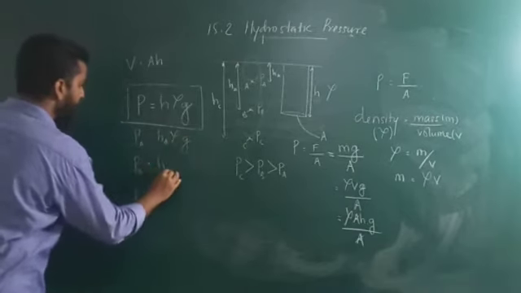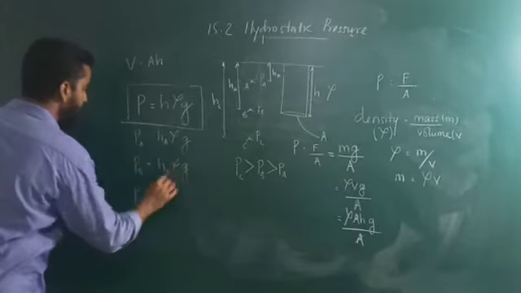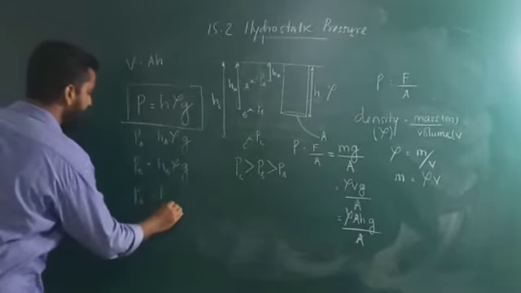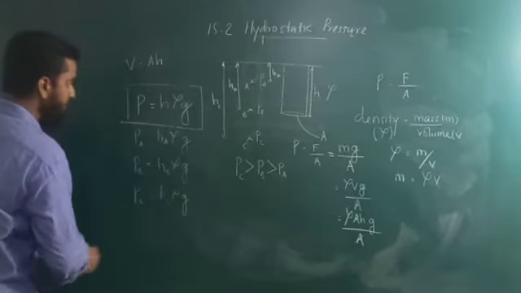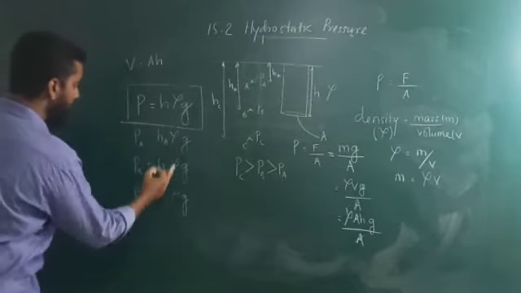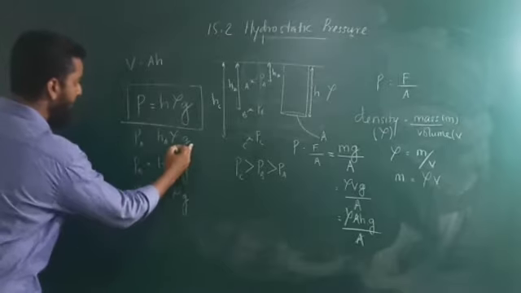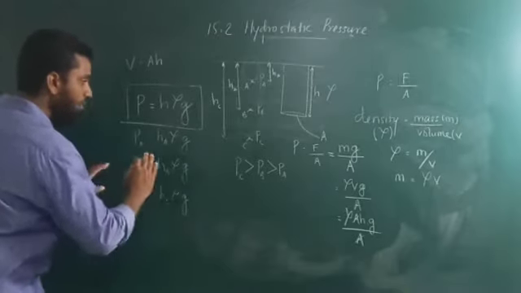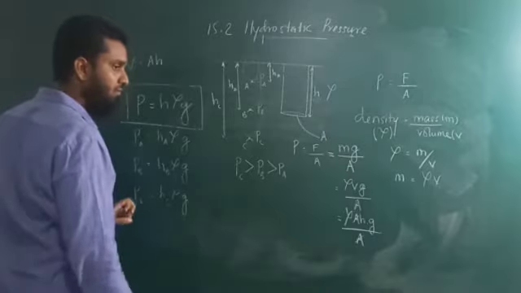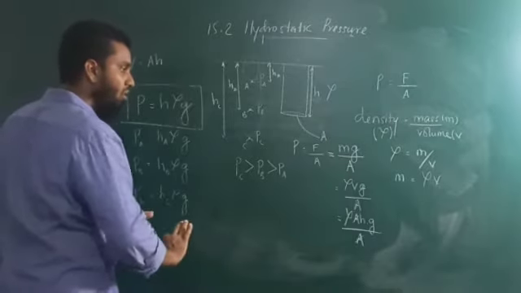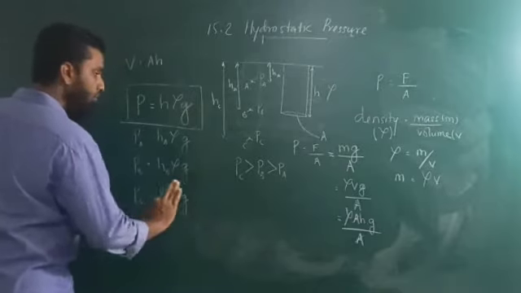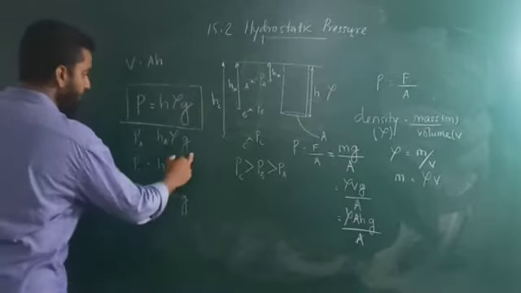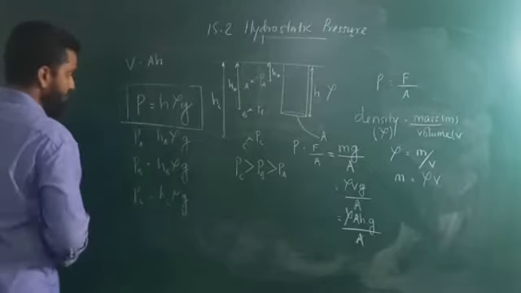The height HB into rho into gravitational acceleration. The height HC into rho into gravitational acceleration. Now look at this. Rho is constant, equal for all. Gravitational acceleration is equal on the surface of Earth. Anywhere you go on the surface of Earth, the g is going to be equal. Therefore, the g is equal in the 3 equations.